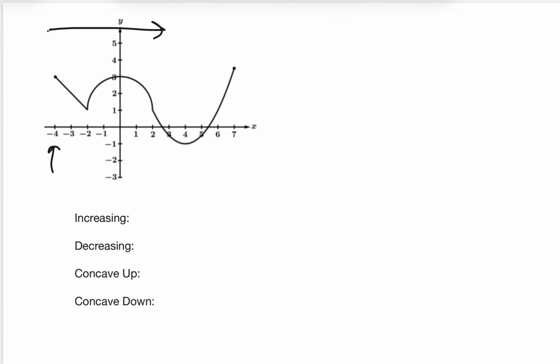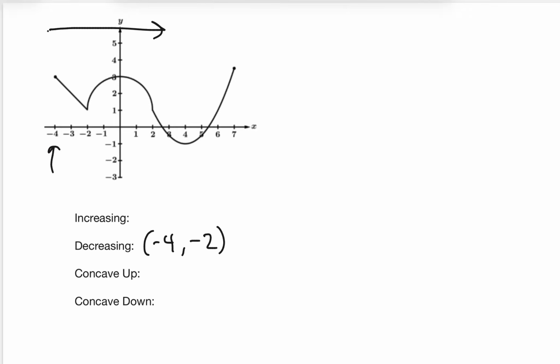So I could put that in my list here. So if I write here from -4 to -2, I'm decreasing. I'm using parentheses and not square brackets because we're not talking about a single point. We are talking about an interval. So we're decreasing from -4 to -2.